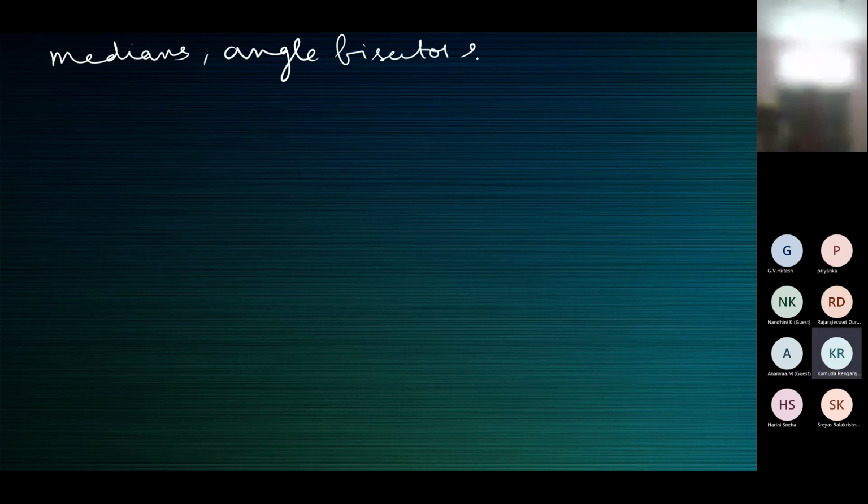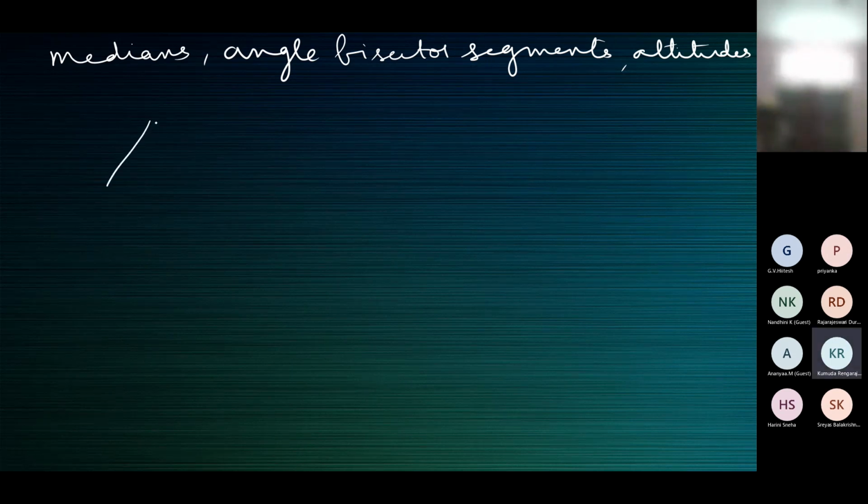So here you have three things: medians, angle bisector segments, and altitudes. Altitudes is what I just told you. When you take an altitude in the first triangle on a particular side, then in the second triangle you should take the altitude that falls on the corresponding side.